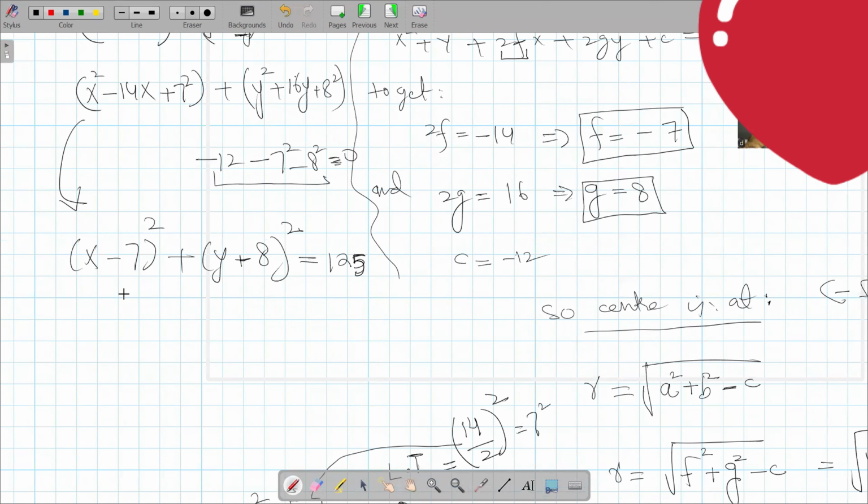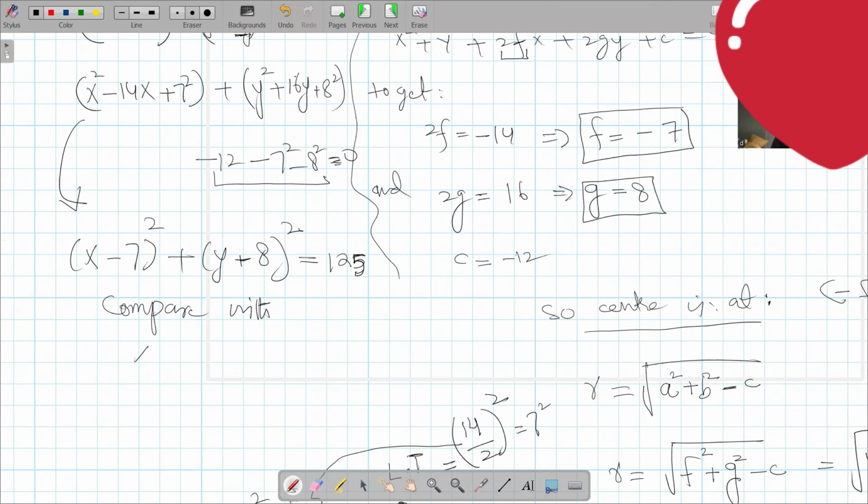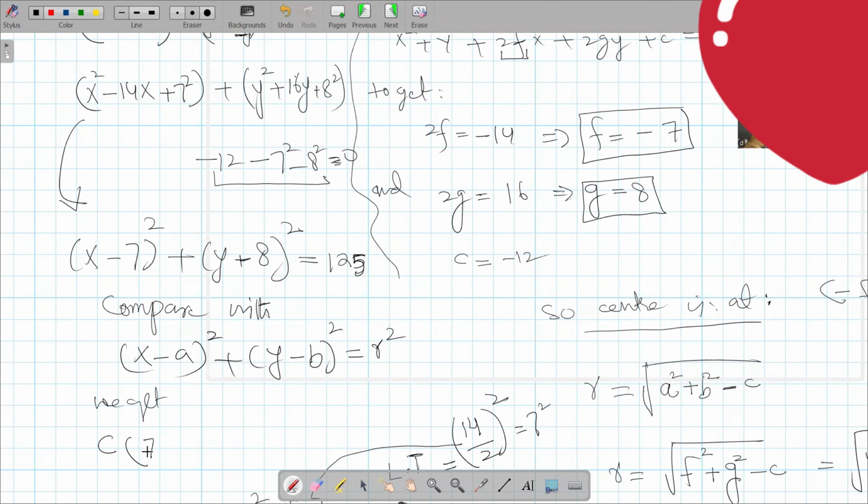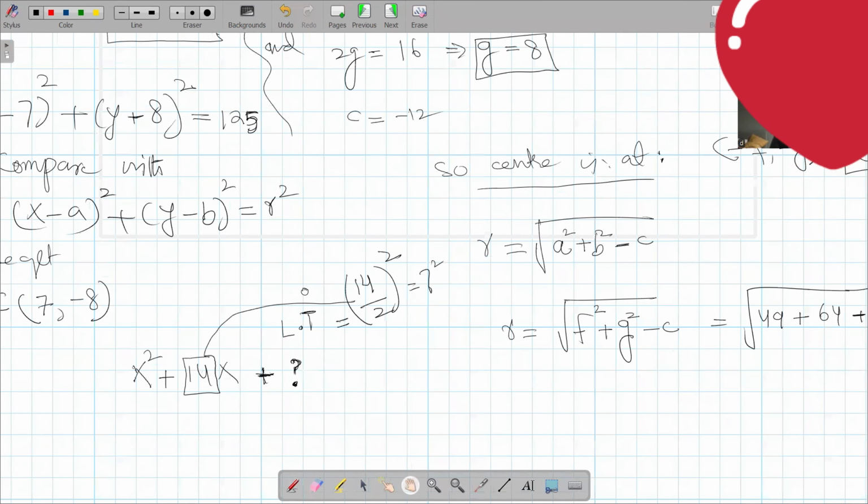So what is the center? Now compare this with the standard form, x minus a squared, so that we can see what the radius and what the center is. So what we get? Center is 7, negative 8.